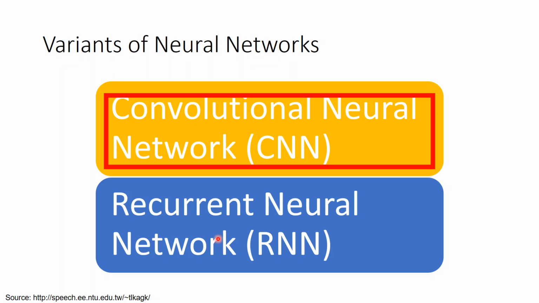And then that is very important in neural networks. There are two major neural networks here. One is called a convolutional neural network, and the other is called a recurrent neural network. And maybe you have heard of some neural networks, and they are part of our enhanced CNN or RNN.